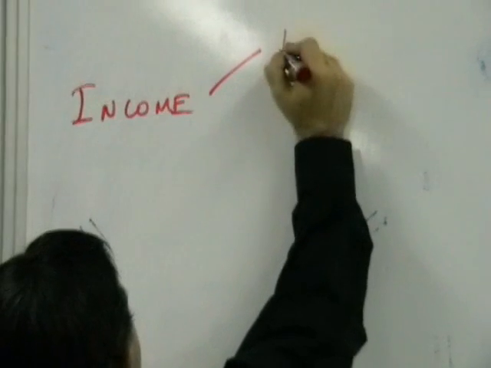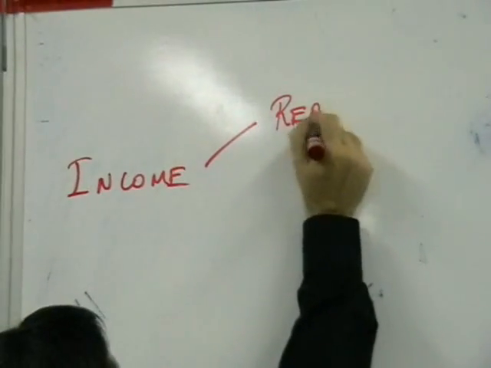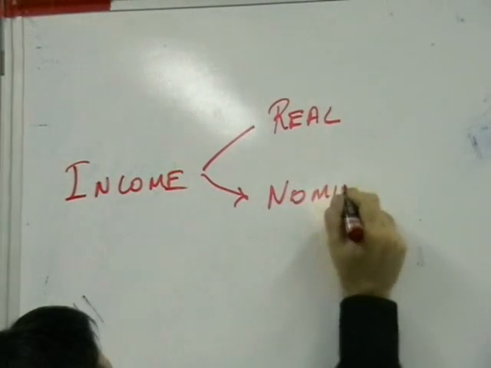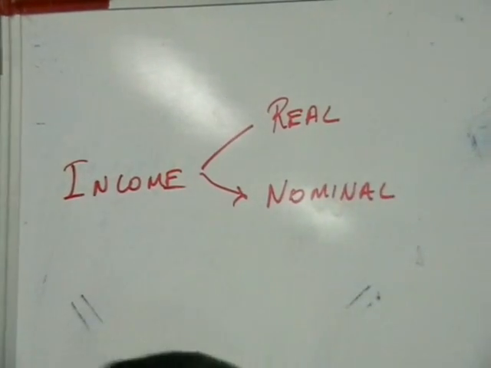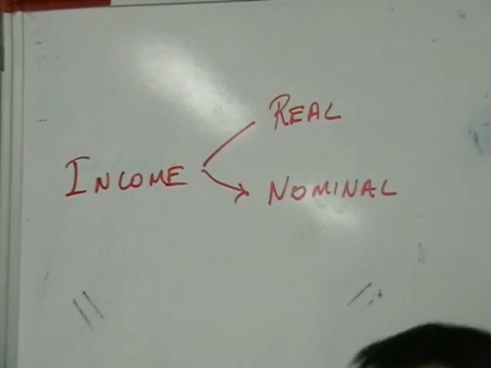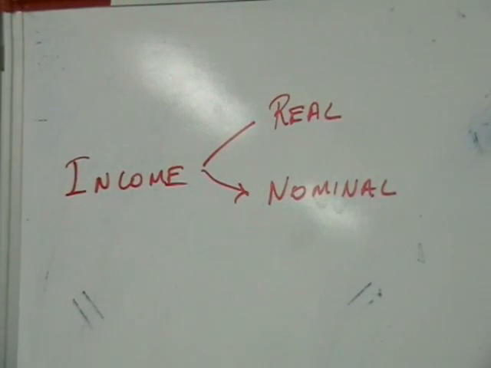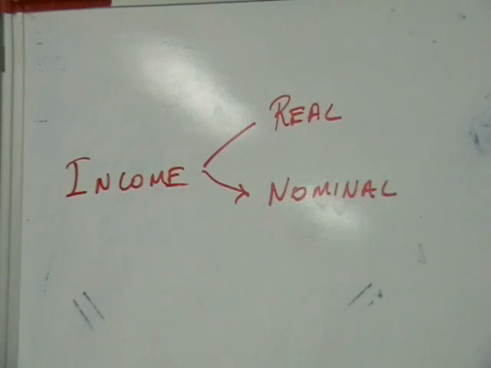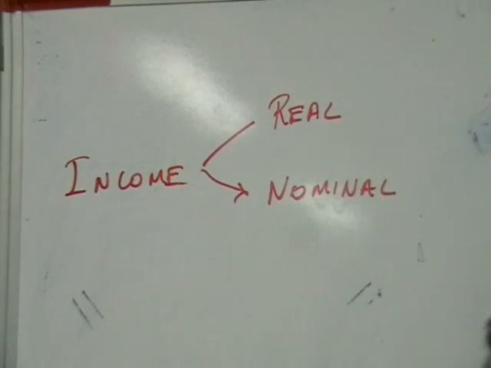Income is also what we call real income and nominal income. Nominal income is the quantity of Riyal that you actually get over a particular period of time. Real income is the quantity of goods and services which you can purchase with those Riyal.